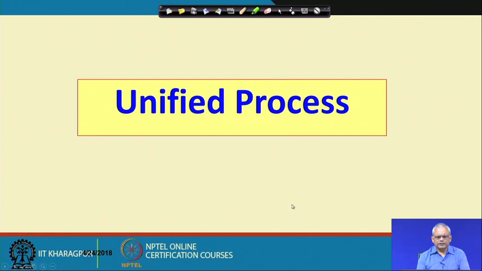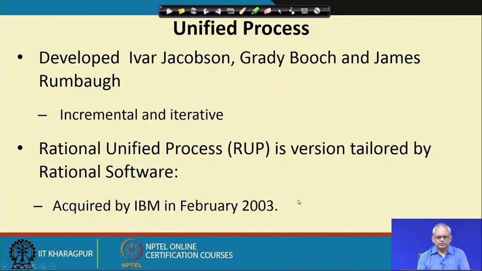Now, let us look at another very popular process, the unified process. This was developed by Jacobson, Booch and Rumbaugh, and is extensively used for object oriented software development. It is incremental and iterative. So, just note the words incremental and iterative.